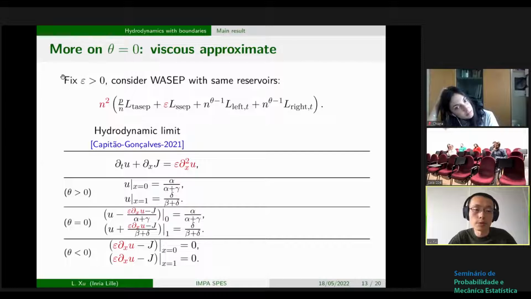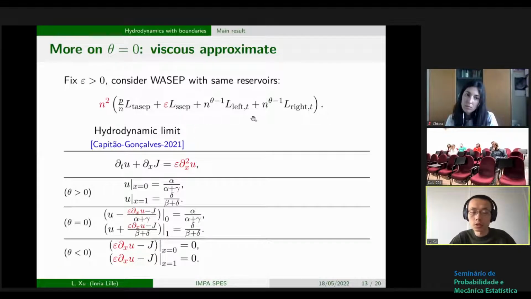If we fix some epsilon, we consider the weakly asymmetric simple exclusion given by this generator. Here I have everything divided by n because I'm considering the diffusive time scaling, so it's n squared here. Epsilon is fixed.